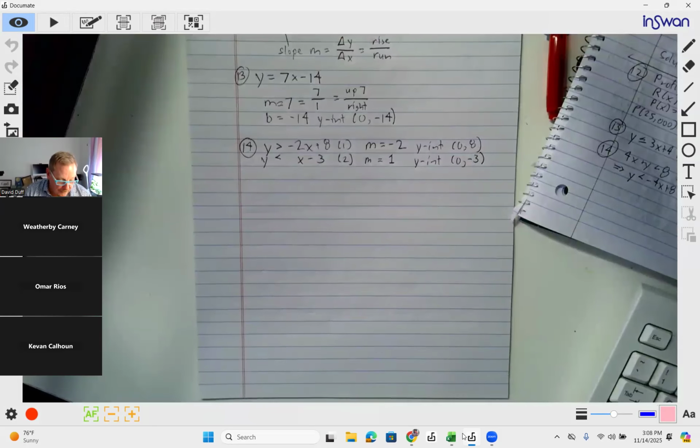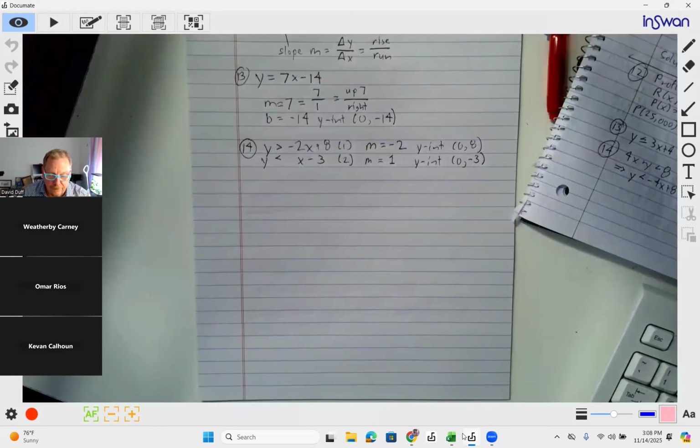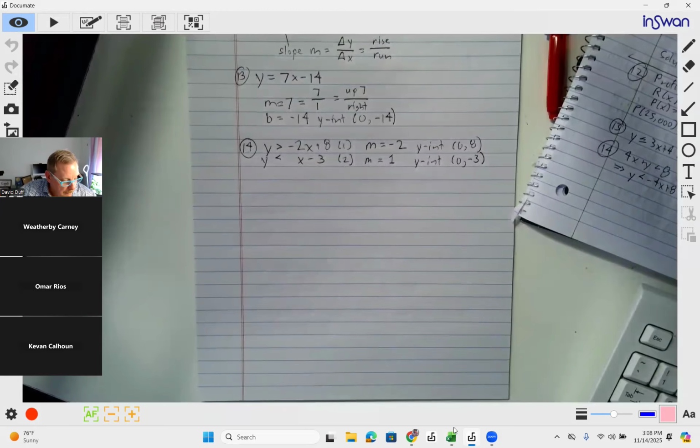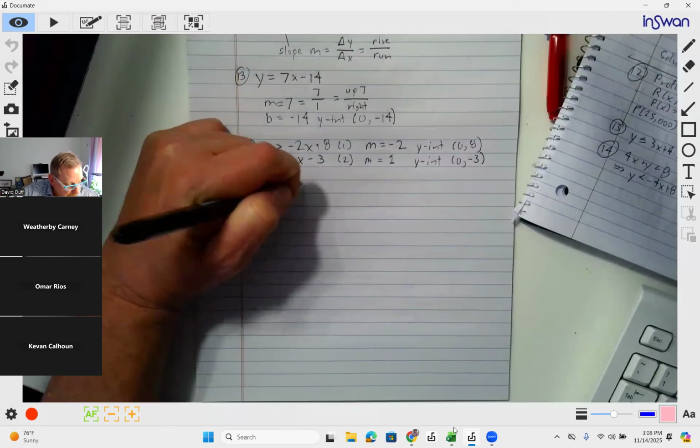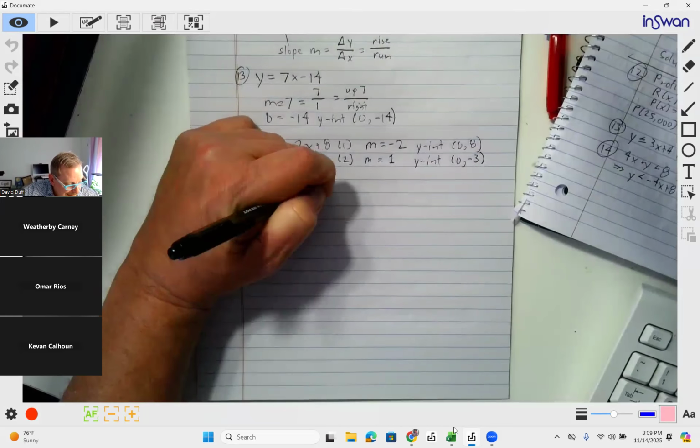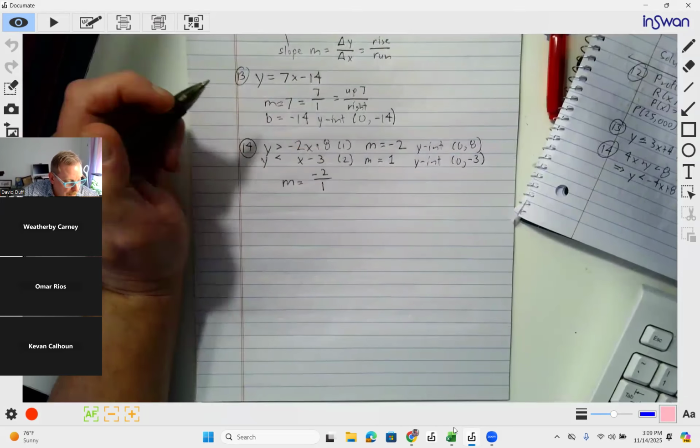That, my friends, is all the information that you need to graph a straight line. A slope of negative 2 means go down 2 and right 1.